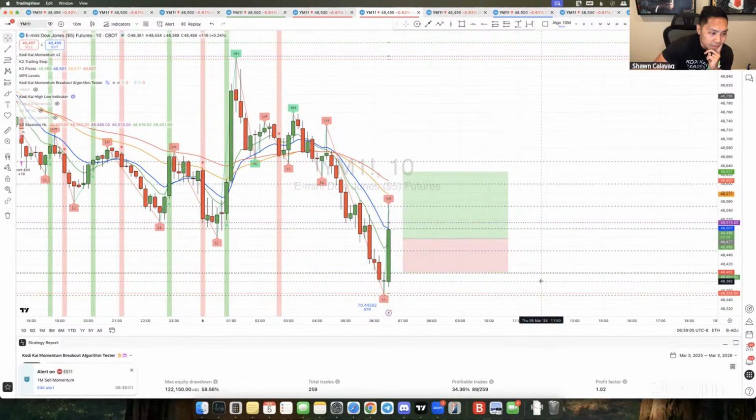Yeah, I don't know if that buy signal is going to close. We'll see. I don't want it to close too tight to that area though, because it's looking like price is pulling back a bit.